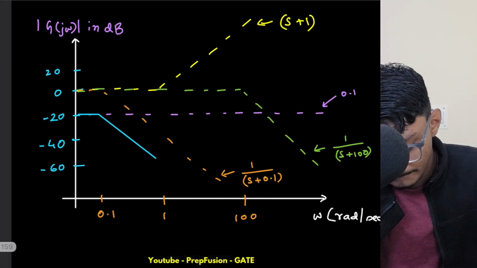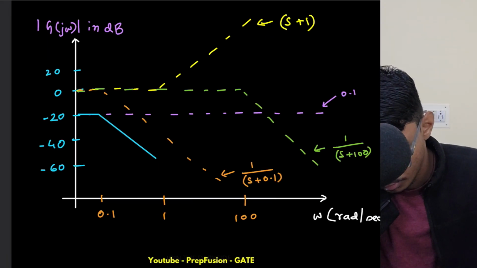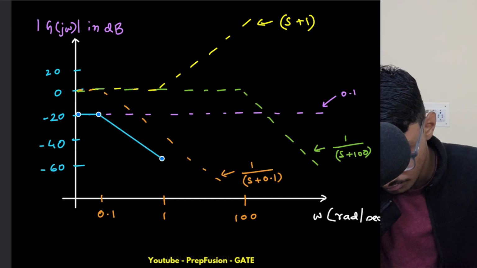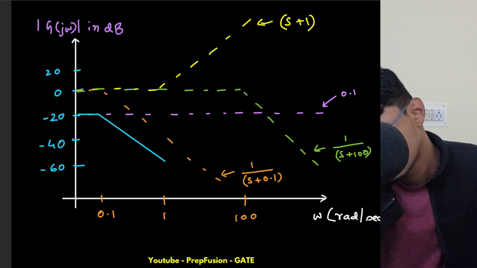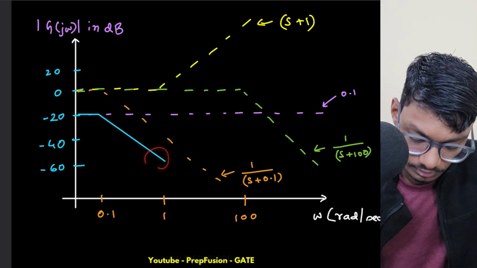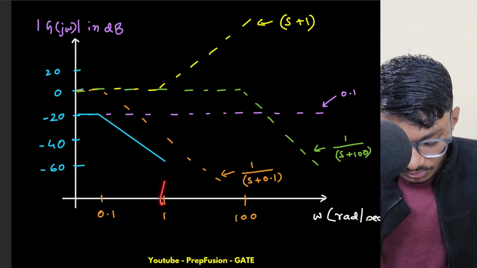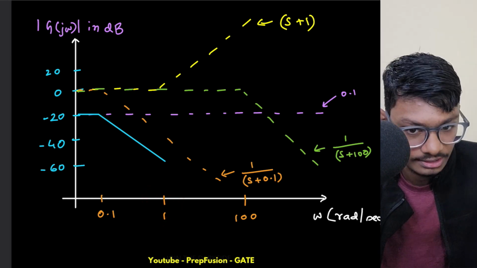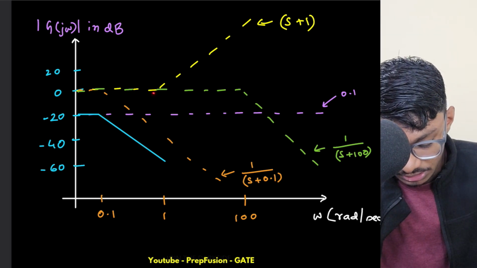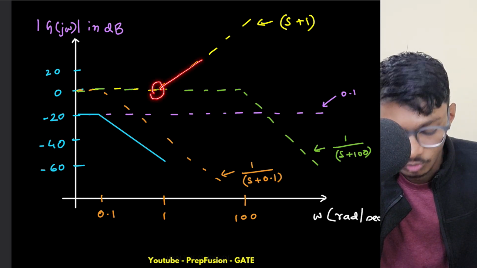So at 1, what am I getting? At 1, this is the case. Now what is happening after this? At 1, currently the slope is minus 20 per decade, but I encountered a 0 also, and the slope becomes plus 20.